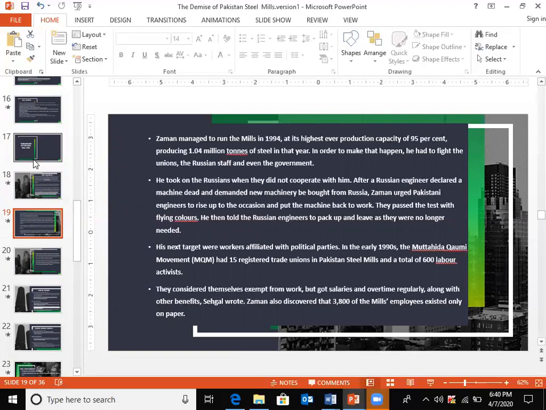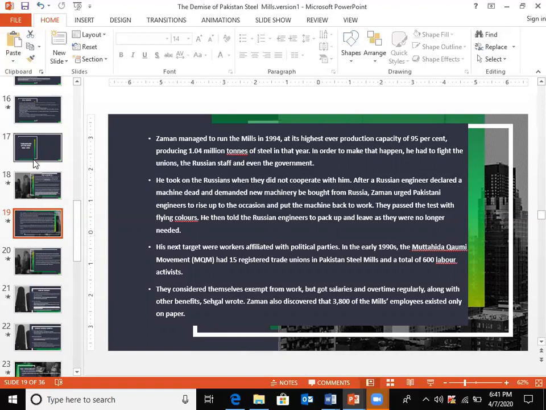Additionally, since this was a government entity, what used to happen is when there was a change in government, there would be workers that would be asked to join the steel mill. For example, if it was a PPP government, there would be a lot of PPP employees hired in the steel mill. In the 1990s, when Mr. Zaman took over, there were a lot of MQM workers working at the steel mills.